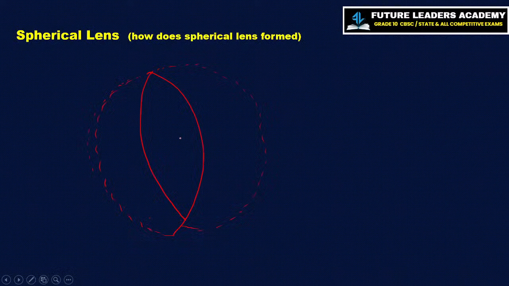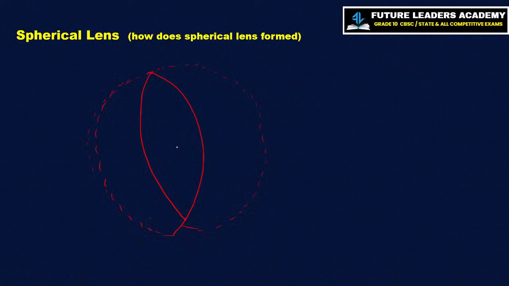There is one circle, and another circle. Here we have made two curves. This is one circle, this is also one. I know the diagram is not perfect.